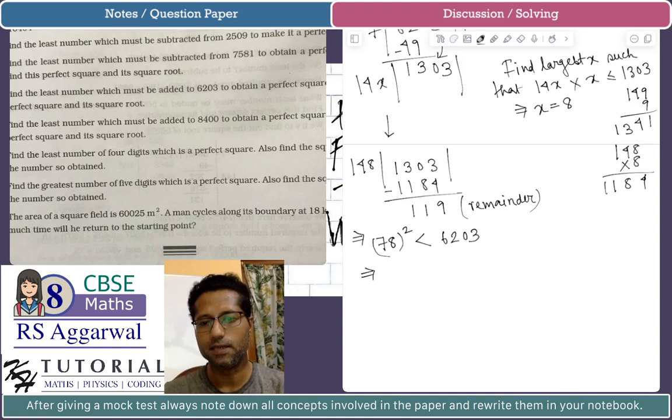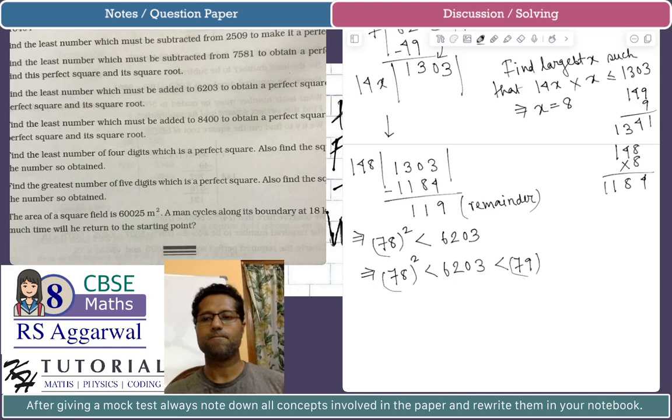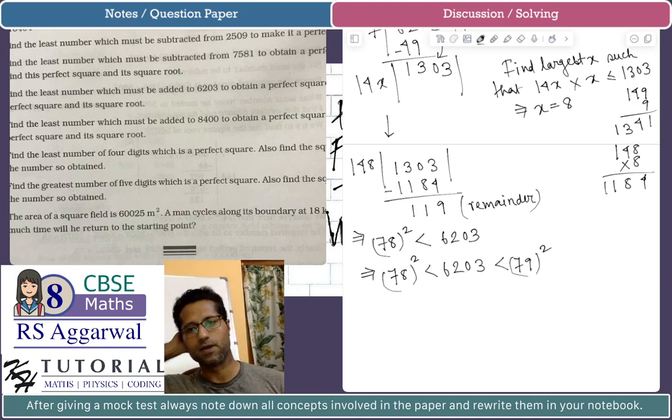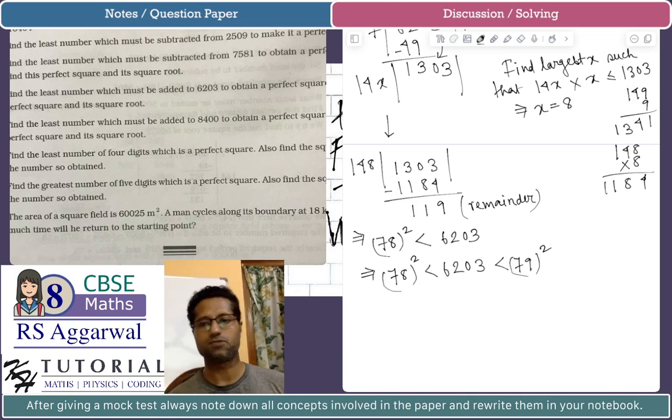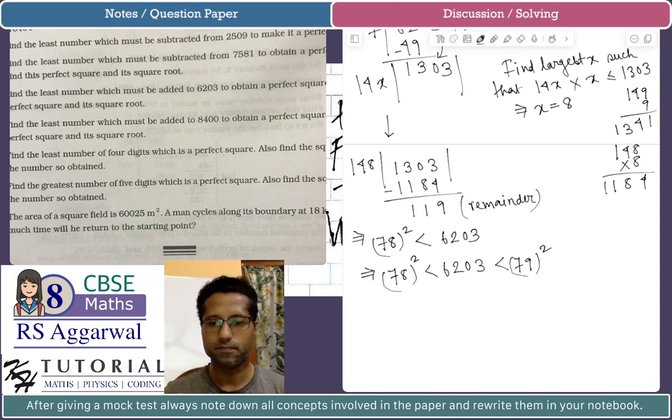You can say that 78 square is less than 6203, and also we know that 6203 will be less than 79 whole square. So 6203 is not a perfect square, but the next perfect square which is greater than 6203 has to be 79 whole square.